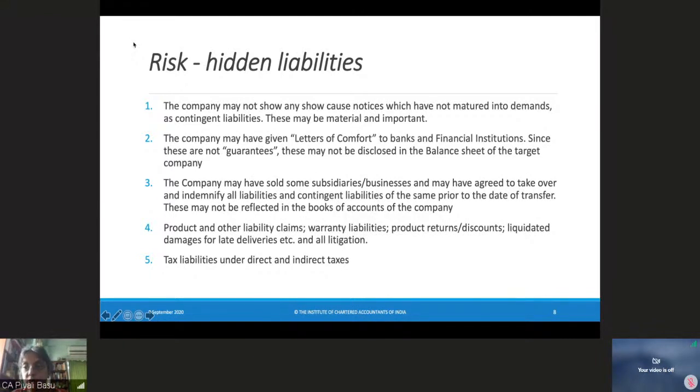Product returns, discounts: it gives you the details of these. What are the conditions under which the products can be returned? Why is so much discount given? This should ring a bell in our mind. If it's such a hot product, you do not need discount. Discount is given only when certain things are not getting sold, right? I think you are aware of this.